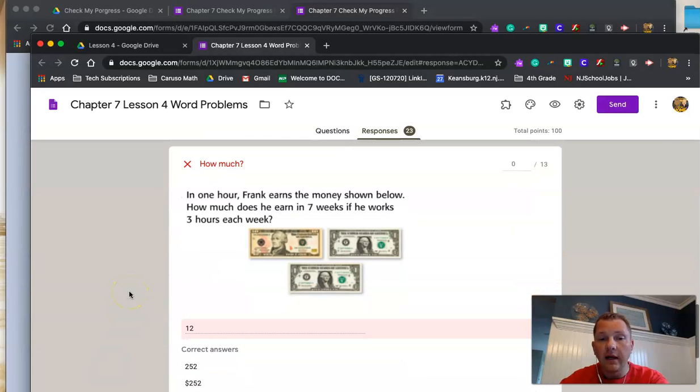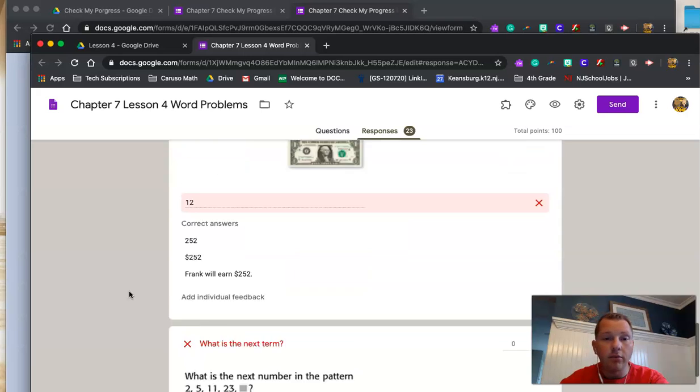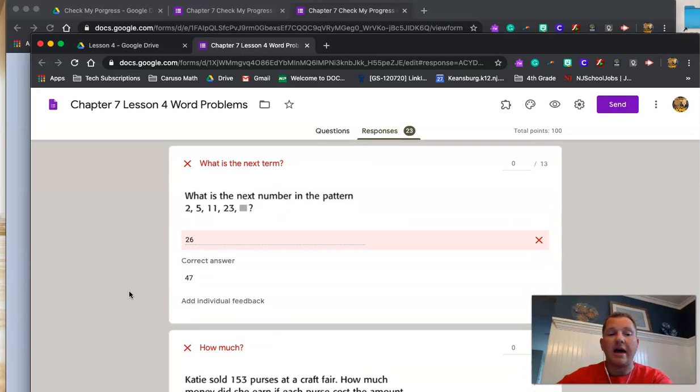Next one that I think a lot of people had problems with was this pattern one. So if we look, we go 2 to 5 to 11 to 23. The correct answer is 47. But if we look at the difference between 2 and 5, the difference is 3.